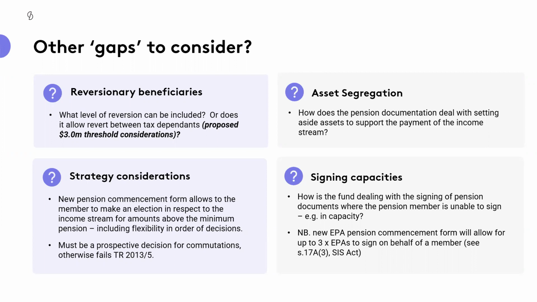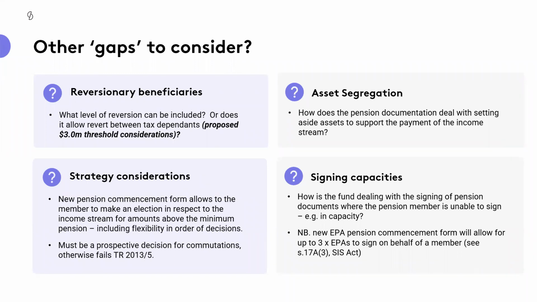And the other thing that we're seeing more and more questions coming through in the orders that we're seeing on our site is things around signing capacities. The fact that we're getting more older SMSF members, their ability to be able to execute things where we have enduring powers of attorney in place. Not only is it around changes of trustees, but it's then impacting the ability to pay those income streams.